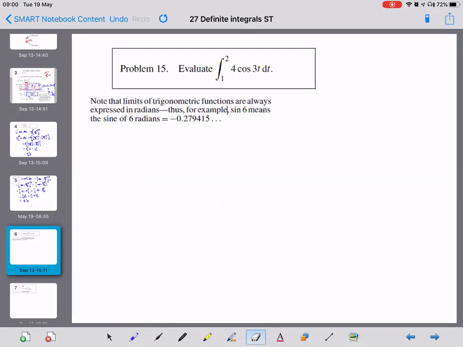All right, so we're going to have a look at this one, evaluate between the limits 2 and 1 of 4 cos 3t dt.